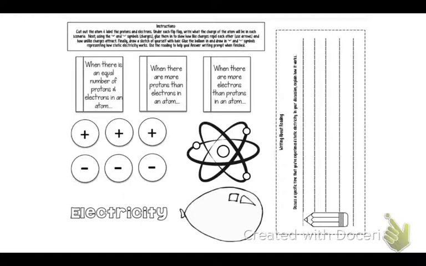Alright, so you're going to cut out the boxes at the top: when there is an equal number of protons and electrons in an atom, when there are more protons than electrons in an atom, when there are more electrons than protons in an atom. Keep those tabs on the left hand side, because that's what you'll glue down.